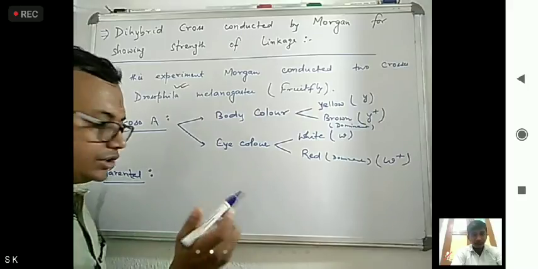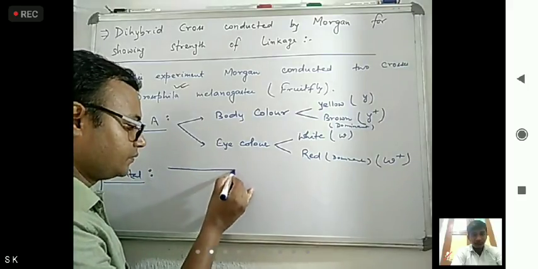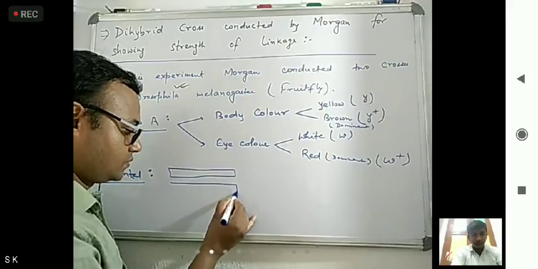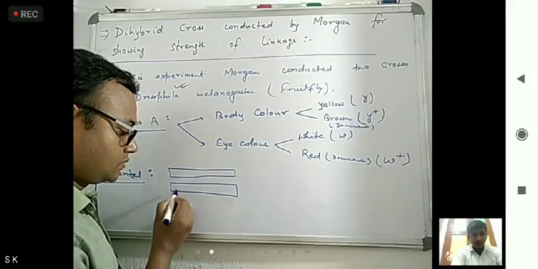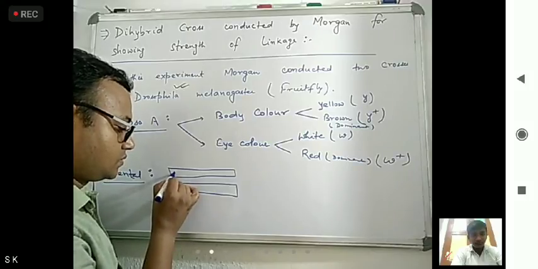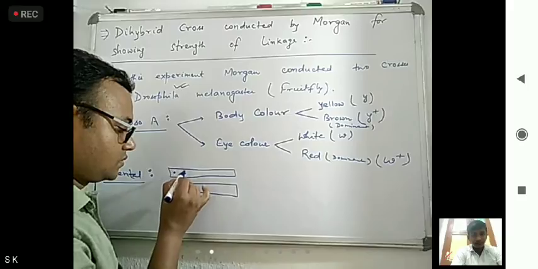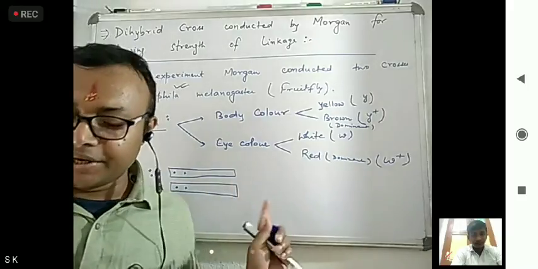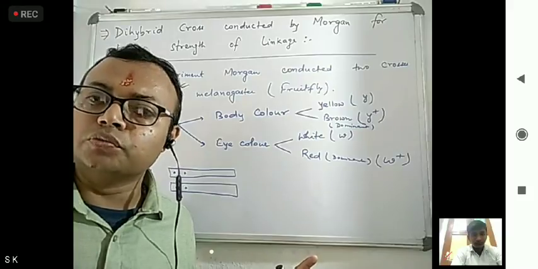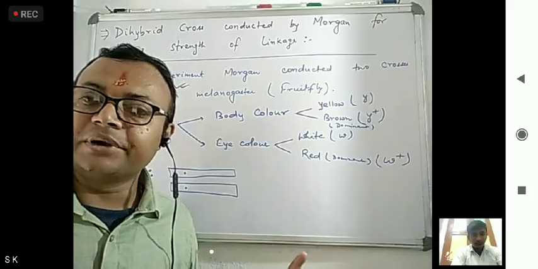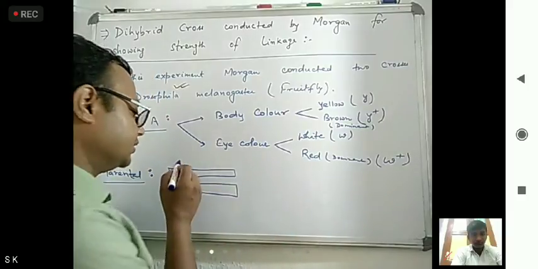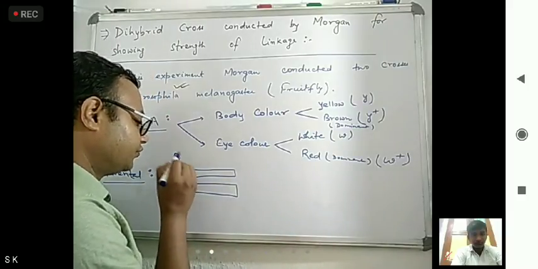So the same type of chromosomes, XX, are present in the female Drosophila. So it denotes female.